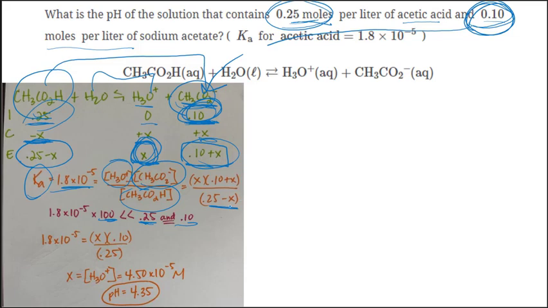So I can disregard the minus x and the plus x. That lets me simplify, and now I can solve for x. X, which is my hydronium ion concentration, is 4.5 times 10 to the negative 5.